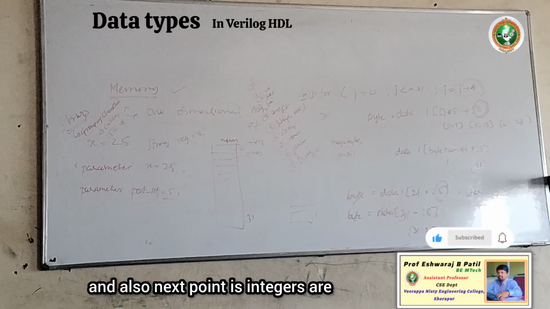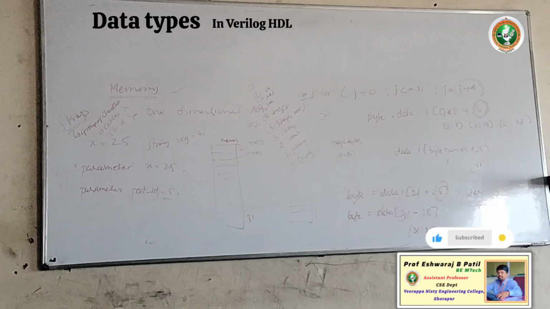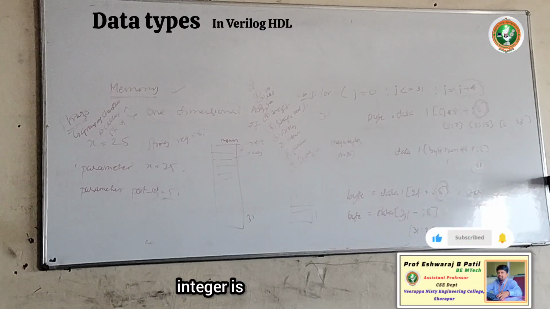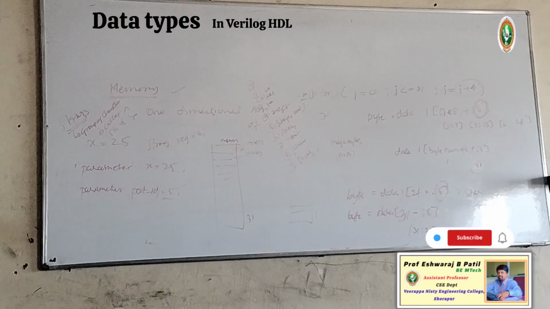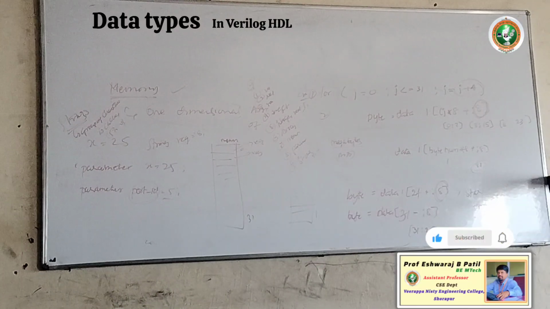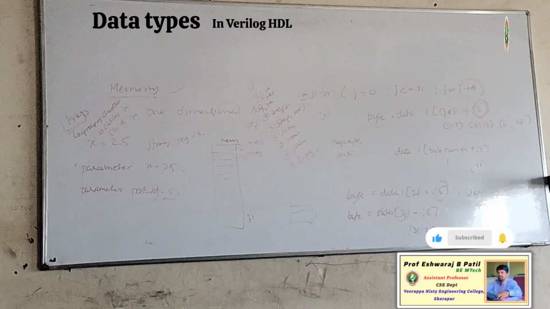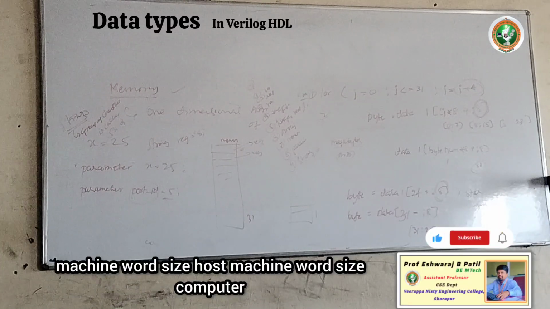Also, next point: the default width for an integer is the host machine word size.